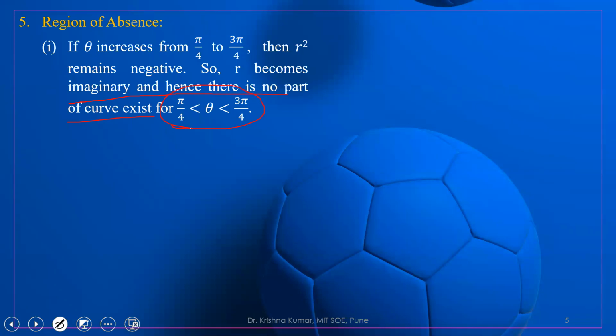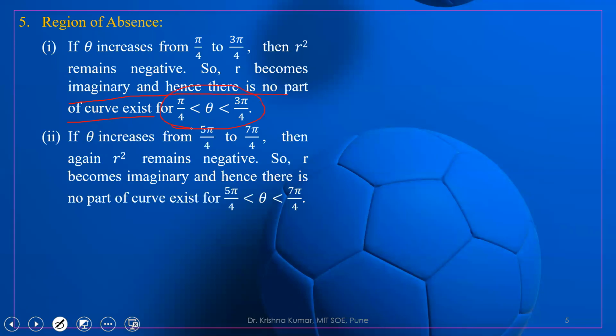Correct? Second, if theta increases from 5 pi by 4 to 7 pi by 4, the same situation will come. Again r square remains negative, so r becomes imaginary, and hence there is no part of the curve which exists for theta equal to 5 pi by 4 to theta equal to 7 pi by 4.